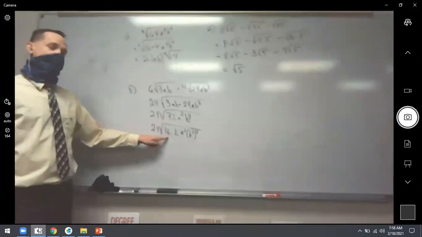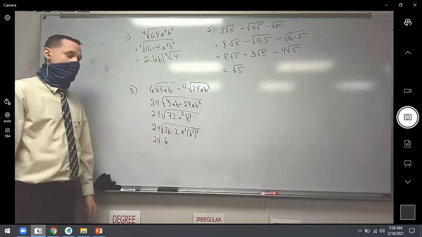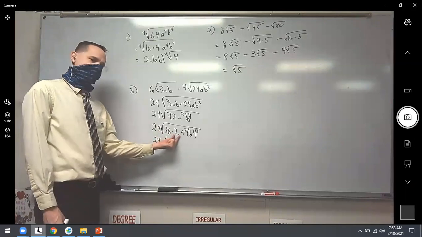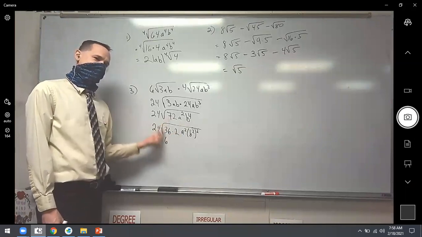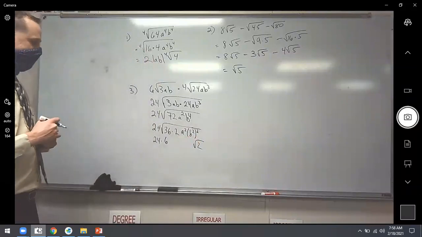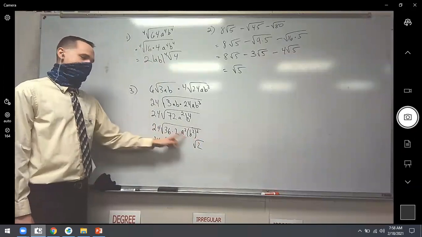Oh, square root of 36, that's pretty. Square root of 36 is just 6, correct? Let's see here. What about this 2? Well, that's just leftover, right? Can't do anything with that. So there's going to be a square root of 2 remaining. Let's see. Nope, there's the square root of a squared. So they kind of cancel, right?